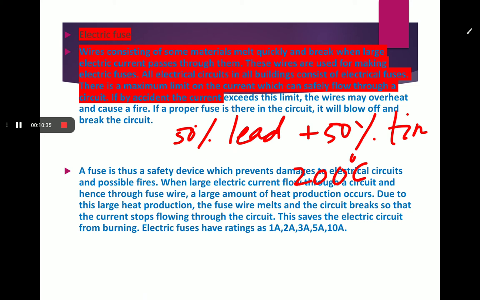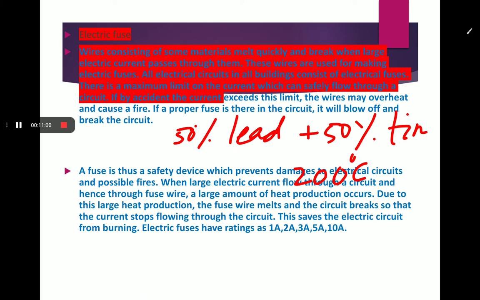Here, fuse wire is a material with high resistance, so it gets heated when a larger amount of current flows through the conductor, and when it heats up, the wire melts and breaks the electrical circuit.